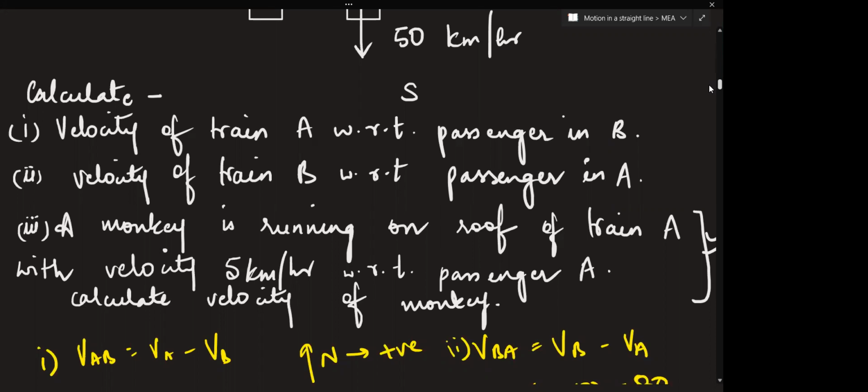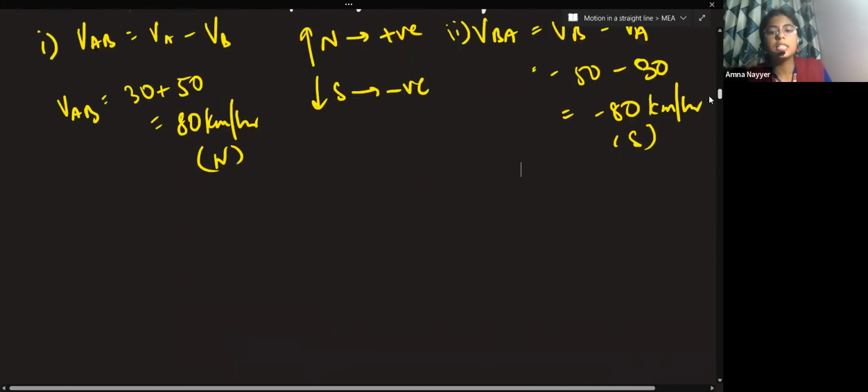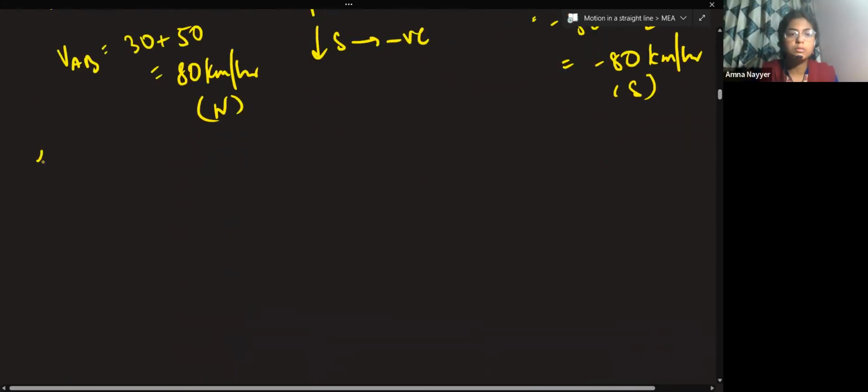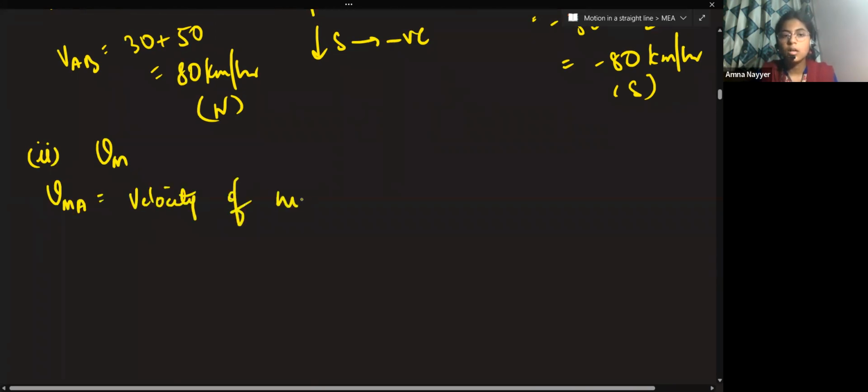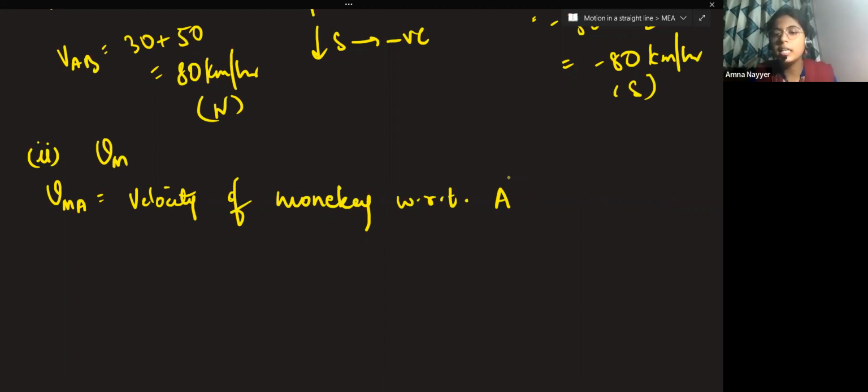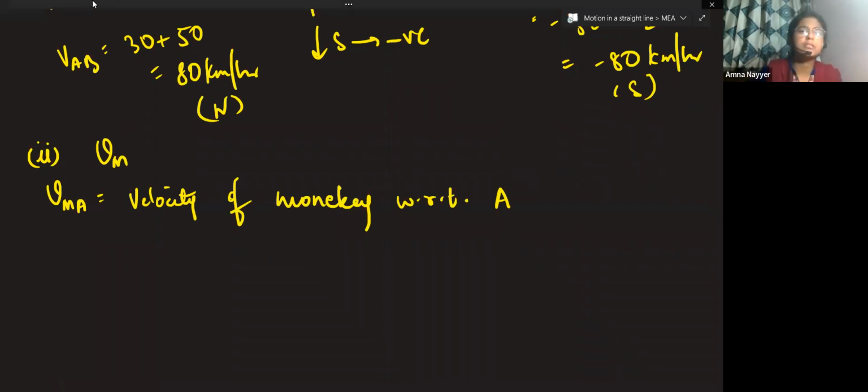Yes. So see, velocity of monkey we don't know. We have to find it. Let's say velocity of monkey is Vm. Vma is given to us, that is velocity of monkey with respect to A, means train A or passenger who is sitting in.